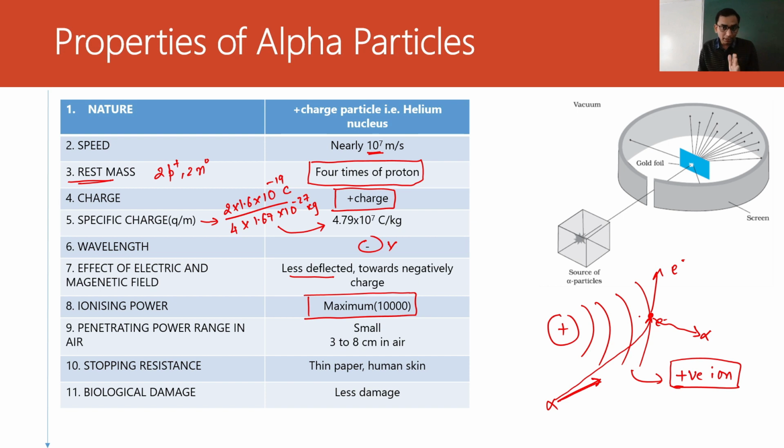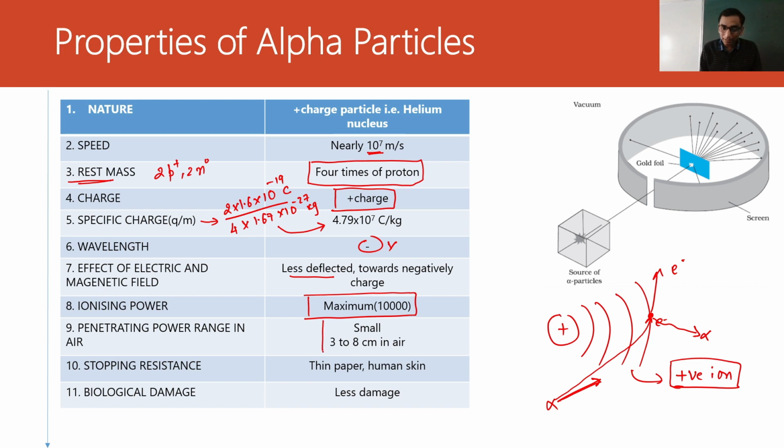Compared to beta and gamma radiation, the alpha particle has 1,000 times, almost 10,000 times more ionizing capacity. So we can say that the ionizing power of alpha particles in comparison to beta and gamma is about 10,000 times more, the highest ionizing power.